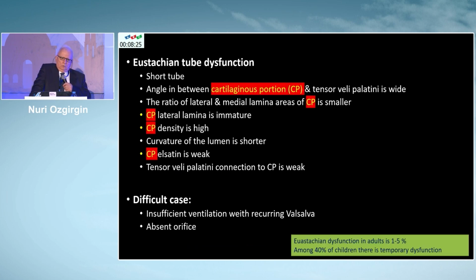When we talk about Eustachian tube dysfunction, you can easily observe that the cartilaginous portion is the most important issue, and it is included in every aspect of Eustachian dysfunction. So we have to focus on the cartilaginous part of it.